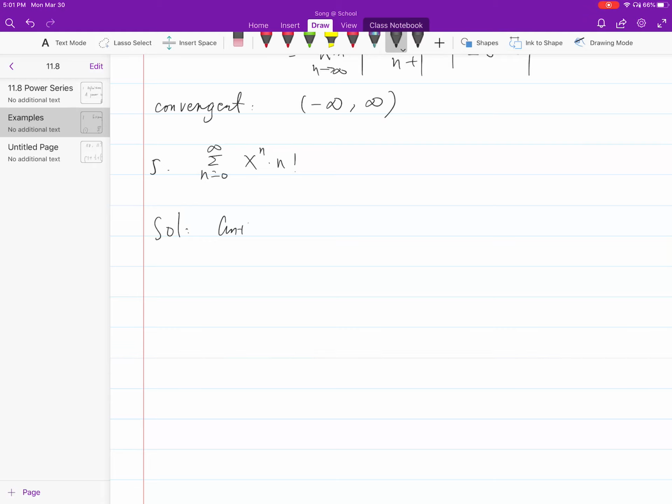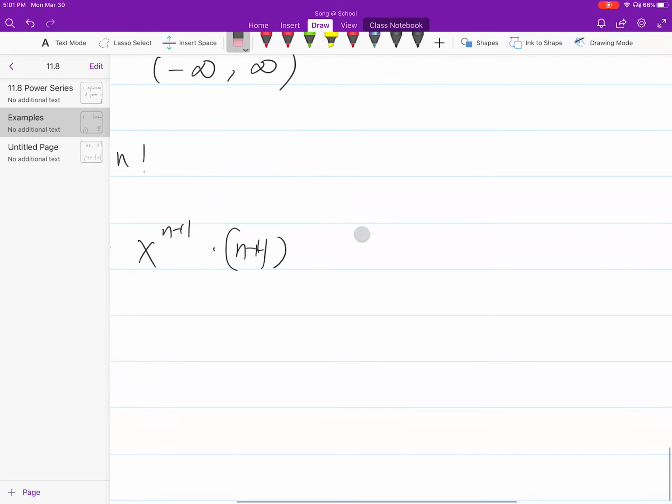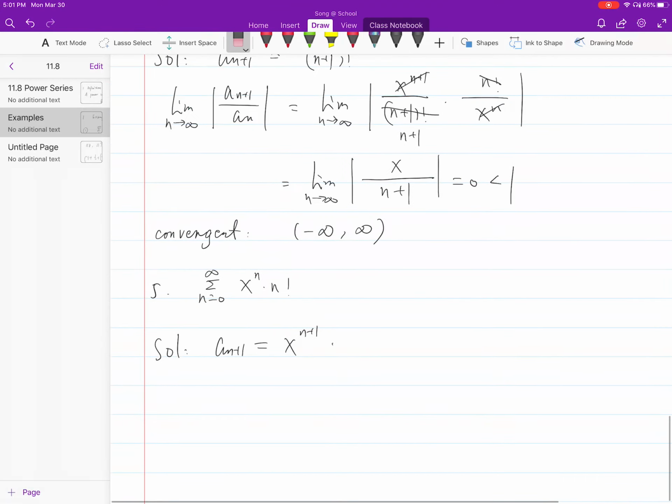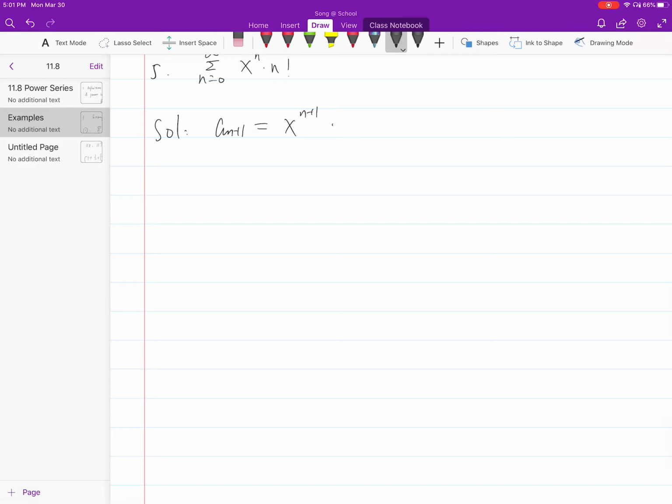Well, let's do some simple math. a n plus 1 equals x to the n plus 1 times n plus 1 factorial. Limit n goes to infinity.